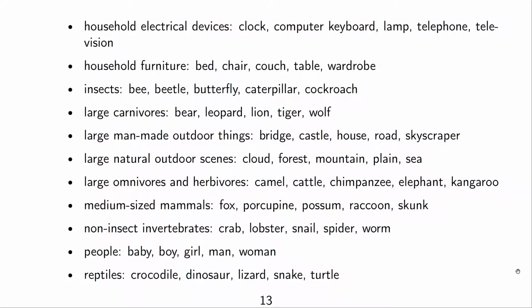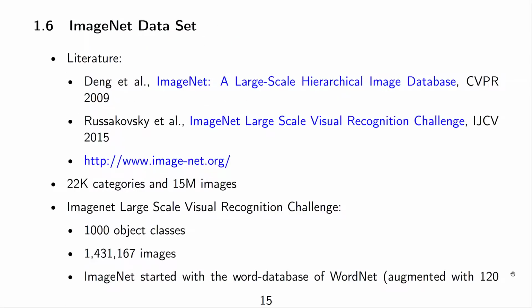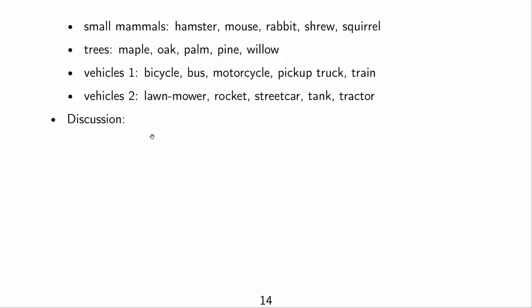So this should give you some idea. There's maybe some discussion. Let's, for example, look at vehicles 1 and vehicles 2. So vehicles 1, you have bicycle, bus, motorcycle, pickup truck, train, and vehicles 2 has lawnmower, rocket, streetcar, tank, tractor.